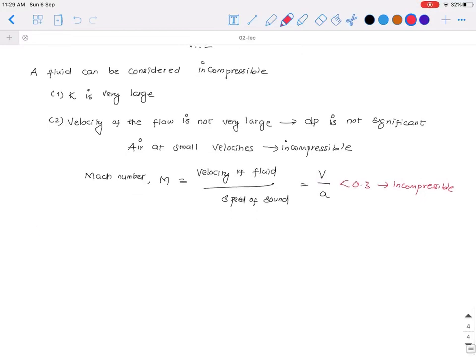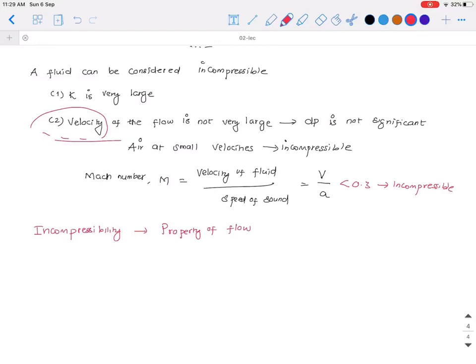So because of this second point, incompressibility is not really a property of a fluid. It is actually the property of the flow.